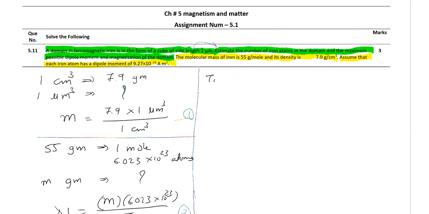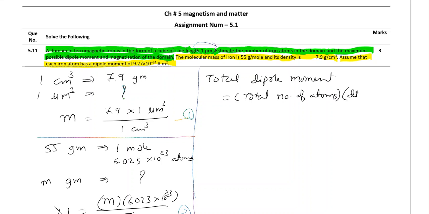The total dipole moment is nothing but the total number of atoms we have from result 2 into the dipole moment of one atom, that is 9.27 into 10 raised to minus 24 multiplied by n. Let us label it as capital M.